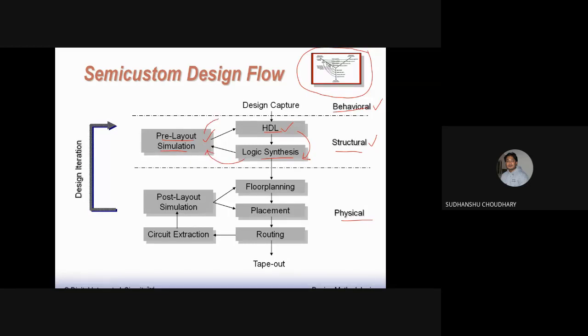If there are timing violations, again you have to fix the HDL code. This is again an iterative process, and the process is moving in this structural loop itself. Once the pre-layout simulations are okay, that means this HDL code is okay, and this RTL synthesis is also okay.